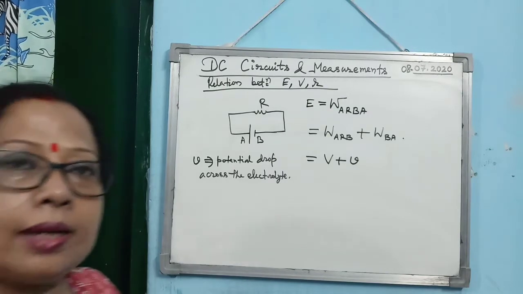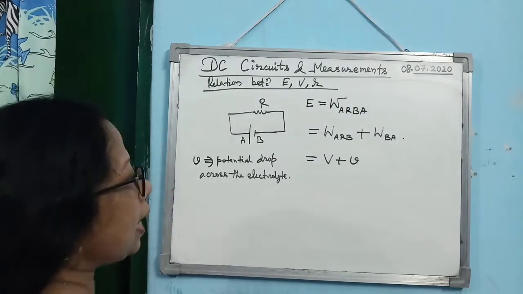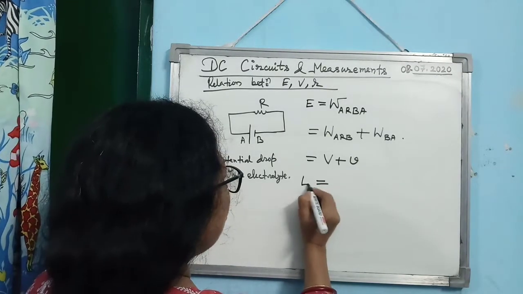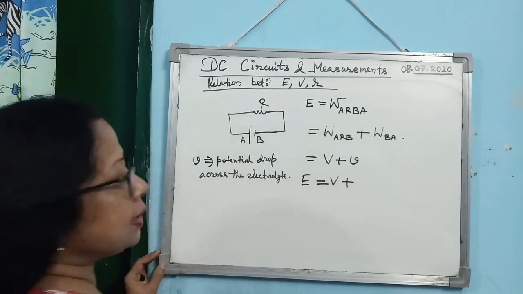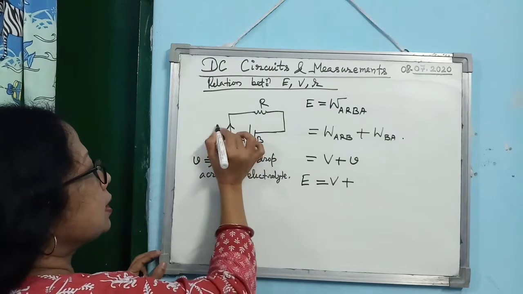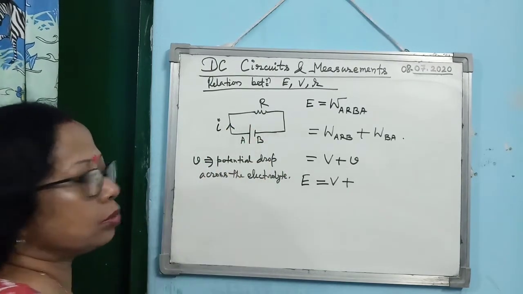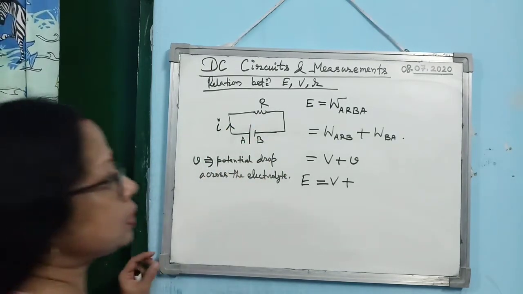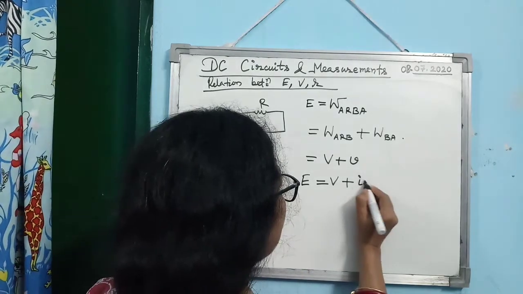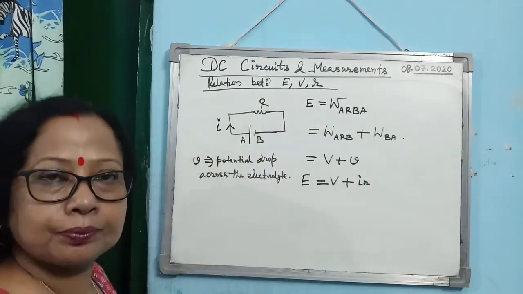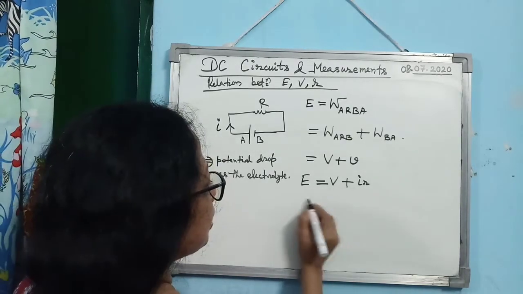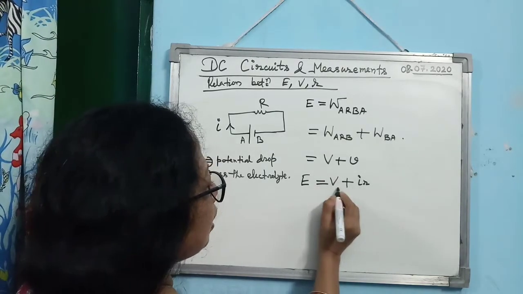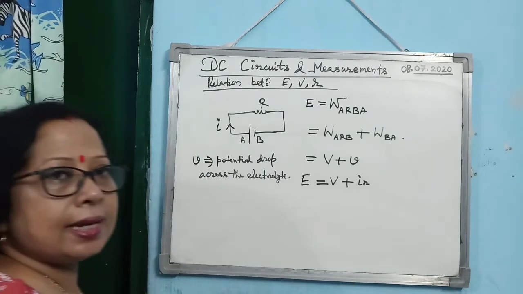Now, if you apply the concept of Ohm's law, and consider small r as the internal resistance and I as the current passing through the circuit, then you can write small v equal to I into small r. Yes or not? So you get a very important relation: E is equal to V plus Ir.